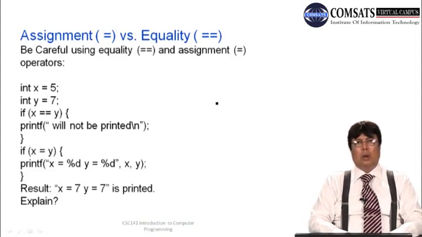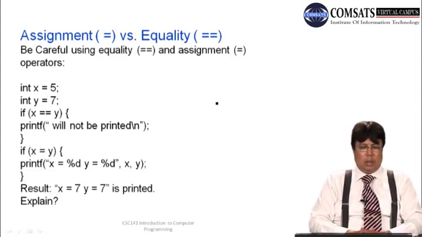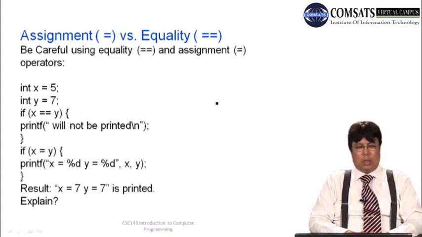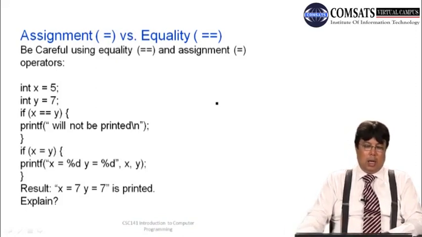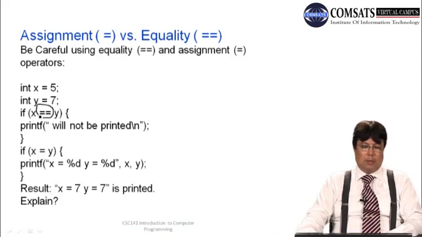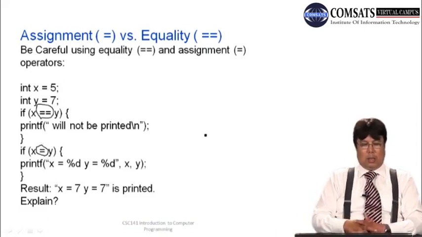I will explain you later on this printf function. It's new for you, but here I just would like to give you a caution regarding this operator, which is called an equality operator, and this operator that we have already discussed as an assignment operator.